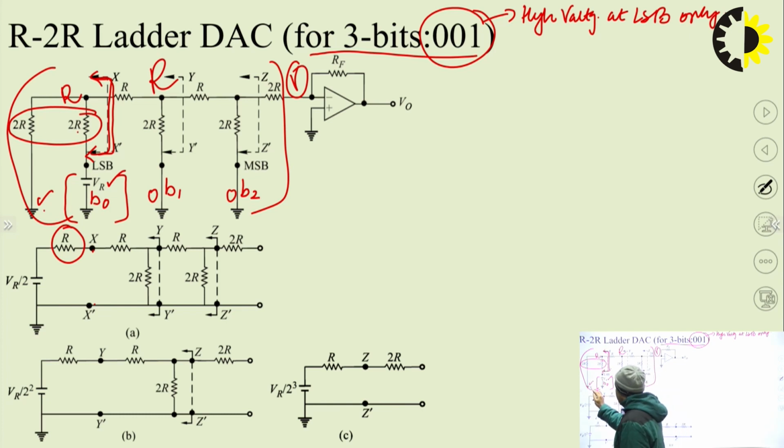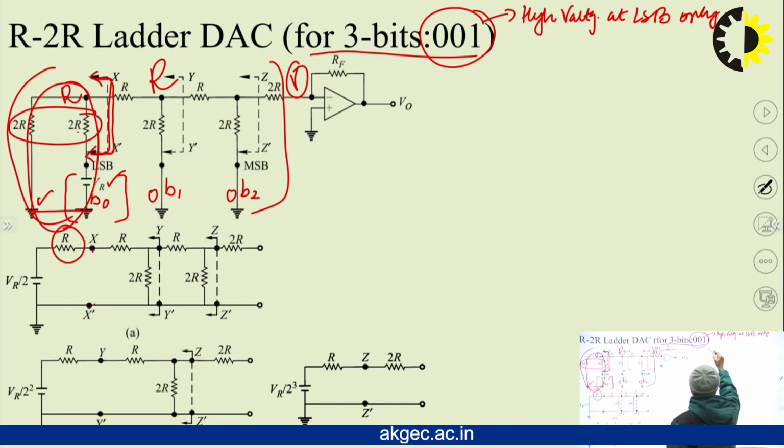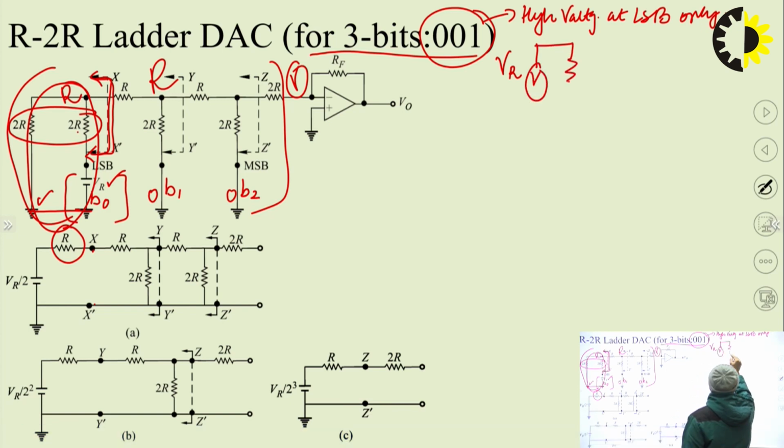If I connect these 2 branches together and apply Thevenin's theorem on this XX interface, this voltage will be divided as per the voltage divider rule, amongst these 2 resistances of values 2R and 2R.